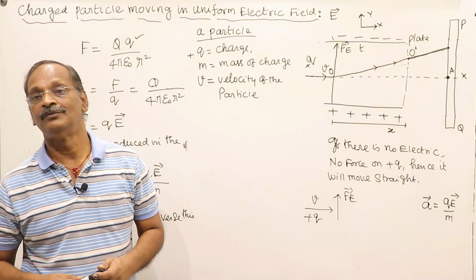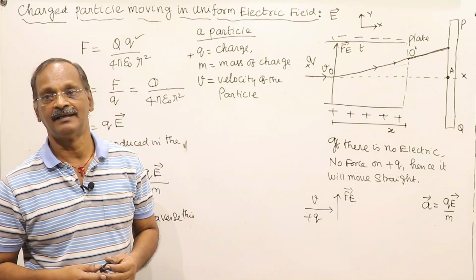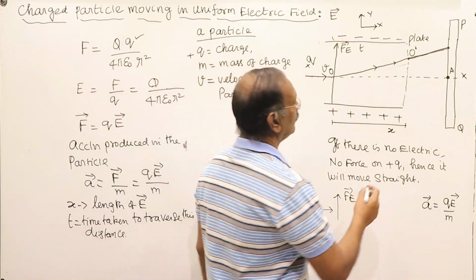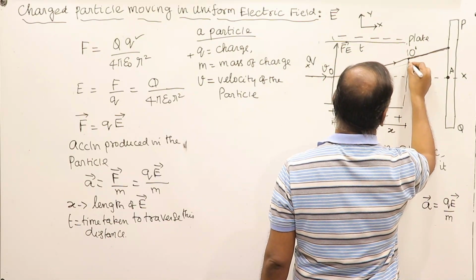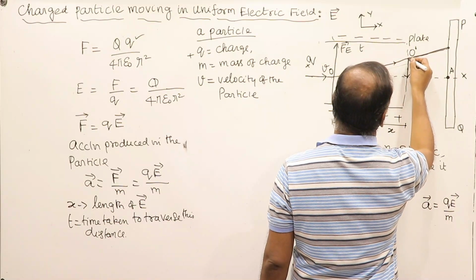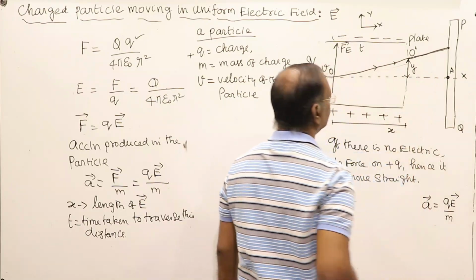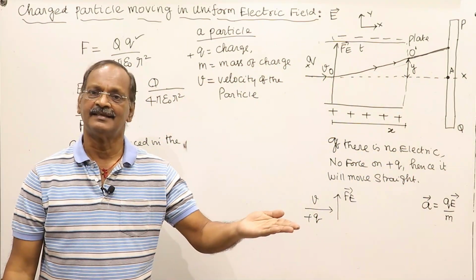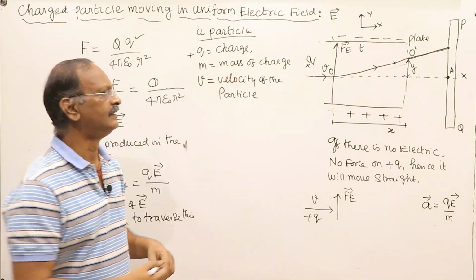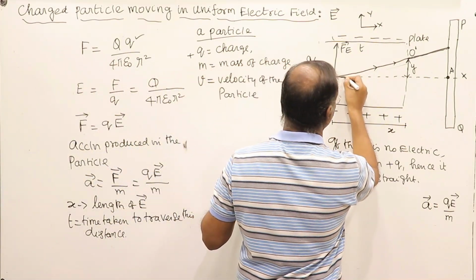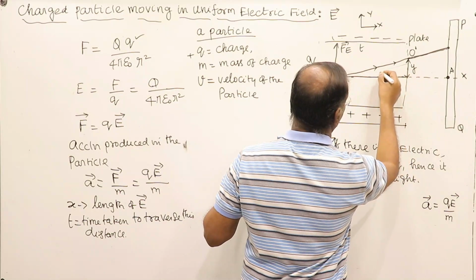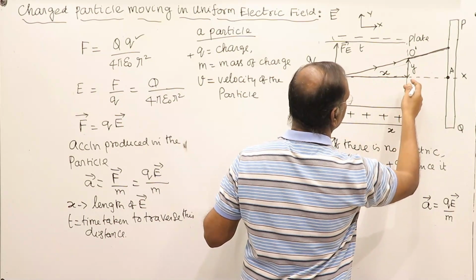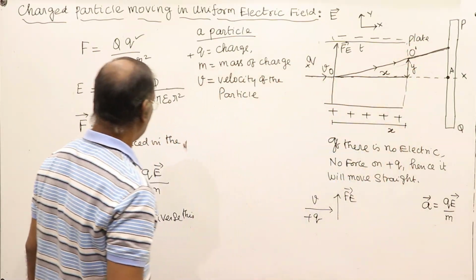Now what is y? Y is the distance traveled by the particle along the y-axis, this distance. Because it has two-dimensional motion, we have to see the motion in the x direction and the motion in the y direction. And this is the path: this is the distance traveled in the x-axis, and this is the travel in the y-axis.